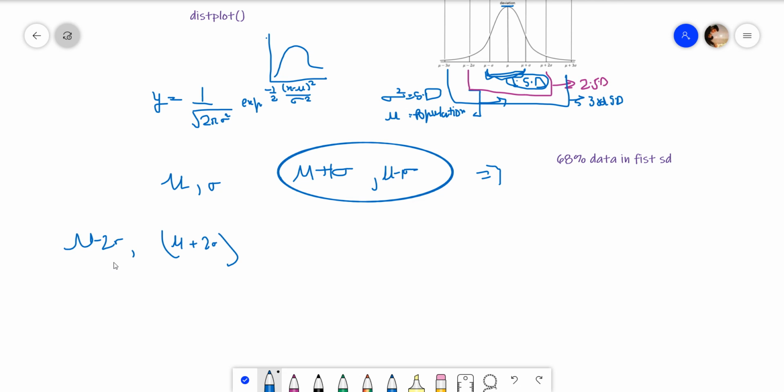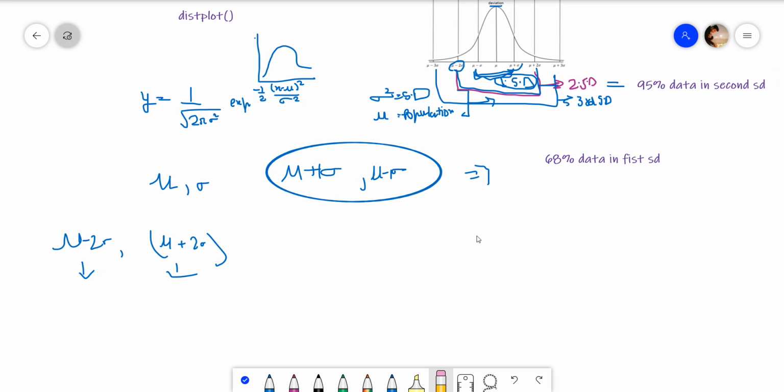It will show us some values, and we can say that from this value to this value, we have 95% of our data in the second standard deviation.